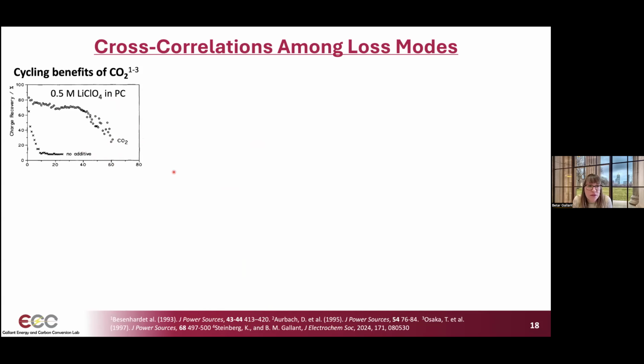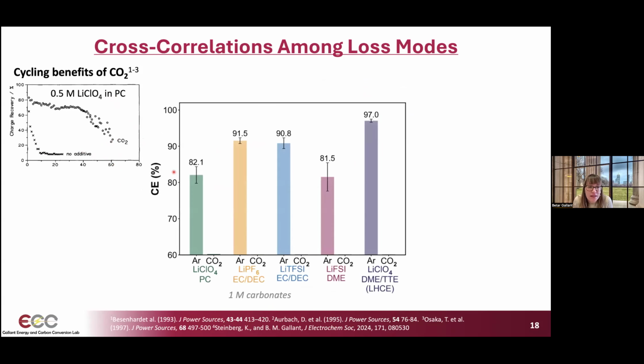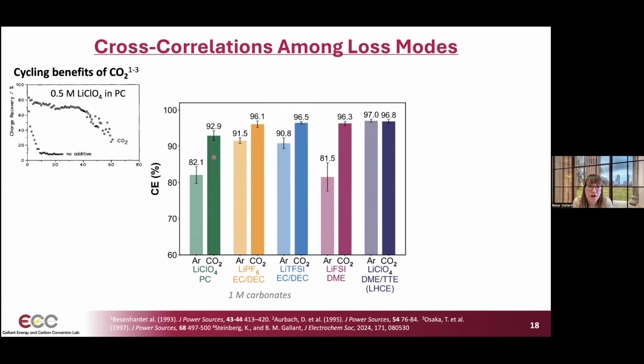And so to examine this point further, we selected a set of electrolytes spanning 3 typical carbonate electrolytes, an ether, and an LHCE. And this shows now the Coulombic efficiency without any CO2 present, so just with argon in the cell at left. And then we assembled cells with a gas headspace flushed with CO2 as the gas additive. And the second bar in each of these shows the resulting Coulombic efficiency.